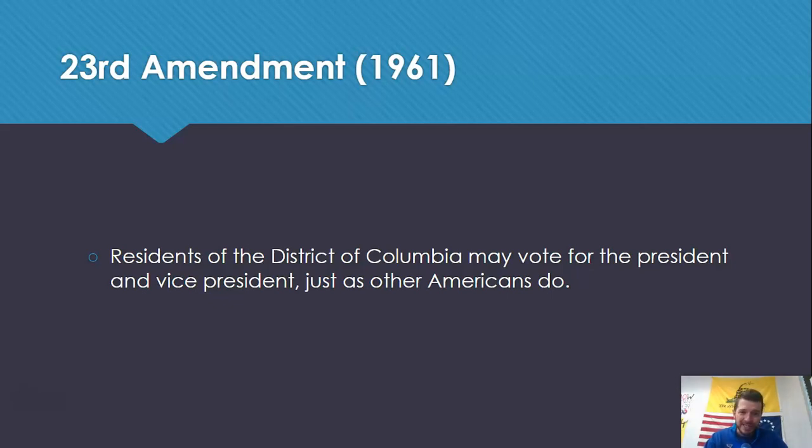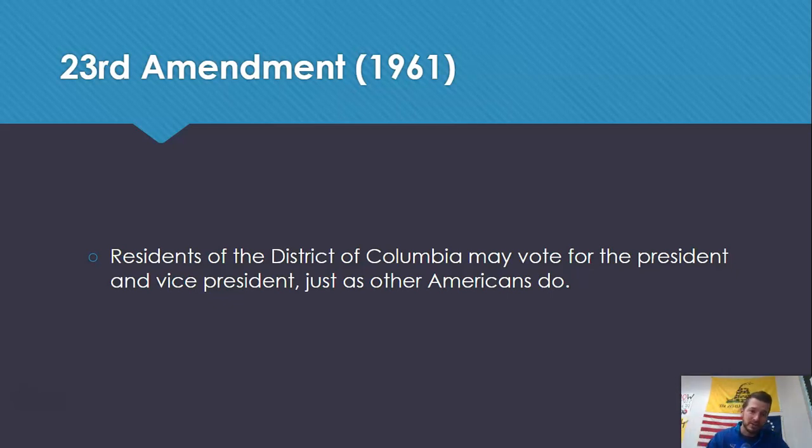What's interesting about that is that the way that presidents are elected is by states. So Washington, D.C., while existing for almost 200 years, or maybe 175 years at this point, had never been able to vote for president. So this was a kind of weird oversight on the part of some of the early Americans.